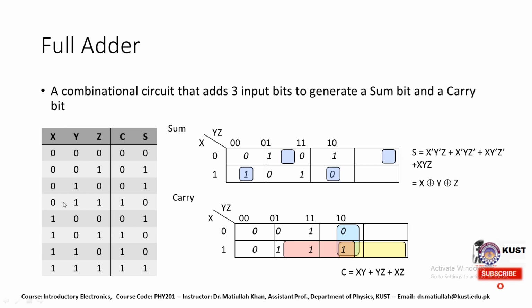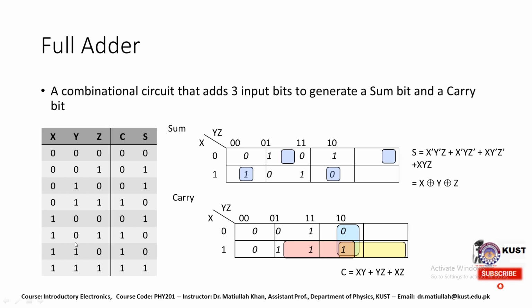For the input 0 1 1, the output is 1 and 0. For the input 1 0 0, the output is 0 and 1. For 1 0 1 input, the output is 1 and 0. The same value is repeated for 1 1 0 input.